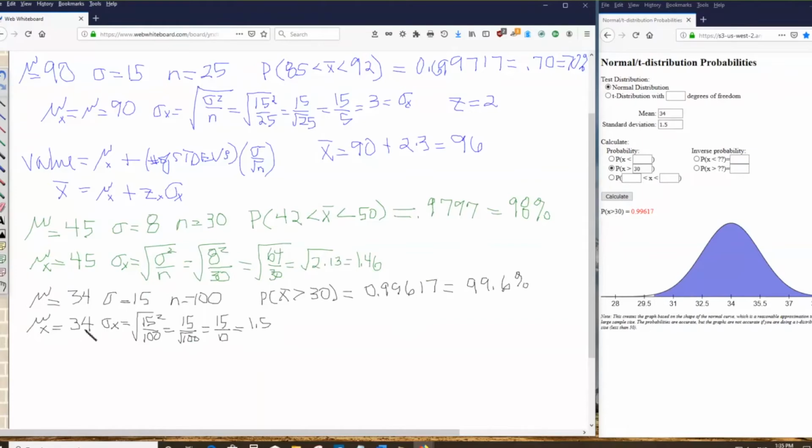So now let's say they want to find the 95th percentile for the sample mean.